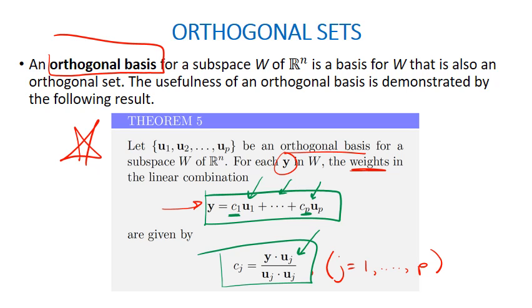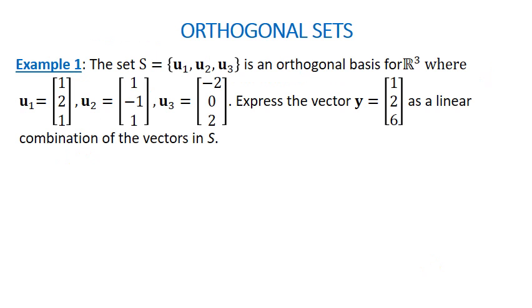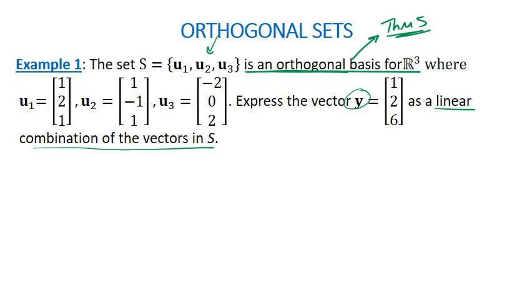So let's go ahead and look at our first example. We have this set of 3 vectors, and I am telling you that it is an orthogonal basis for R3, where u1, u2, and u3 are given. I want to express vector y as a linear combination of the vectors in S. Because we have an orthogonal basis, we're basically using theorem 5 here.